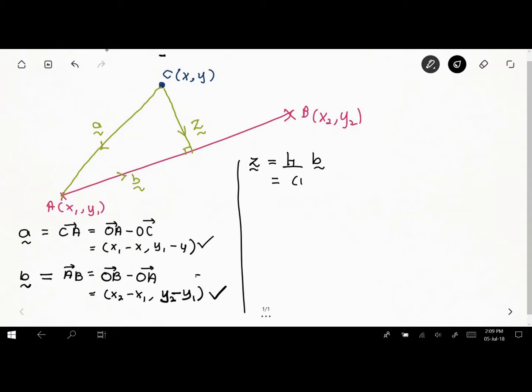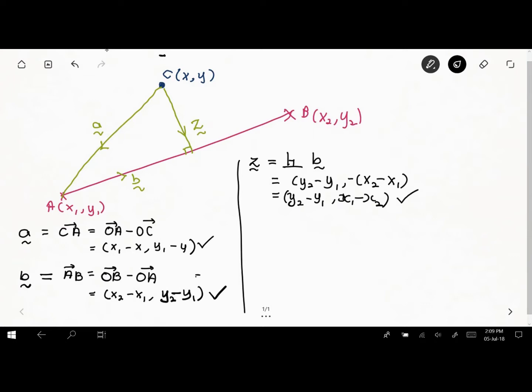So it's y2 minus y1, comma, the negative of x2 minus x1. Simplifying, we get y2 minus y1, x1 minus x2. We will know this as well.